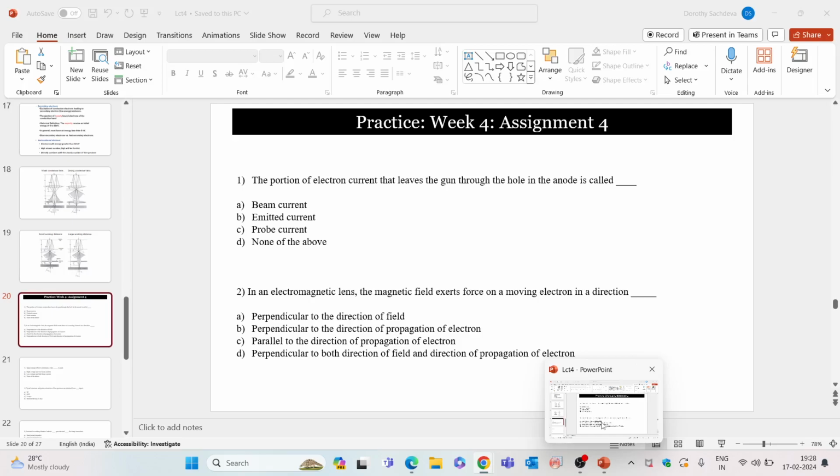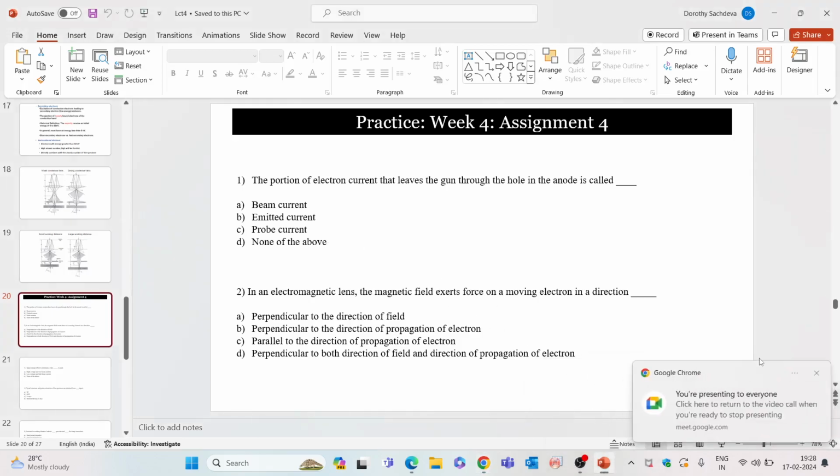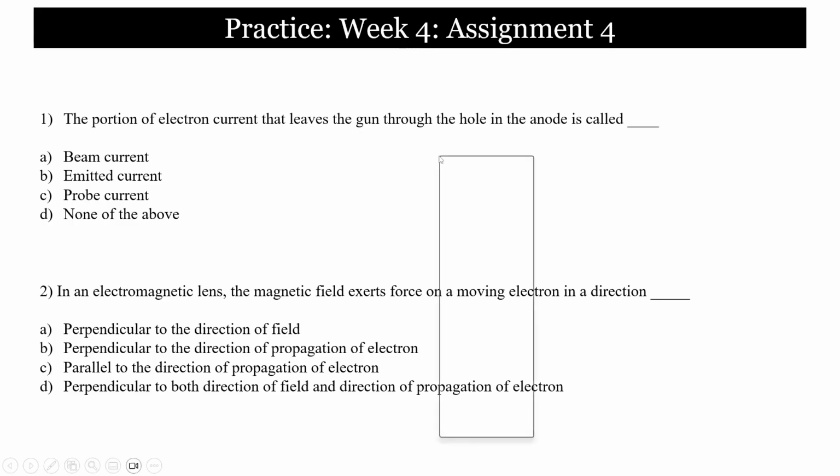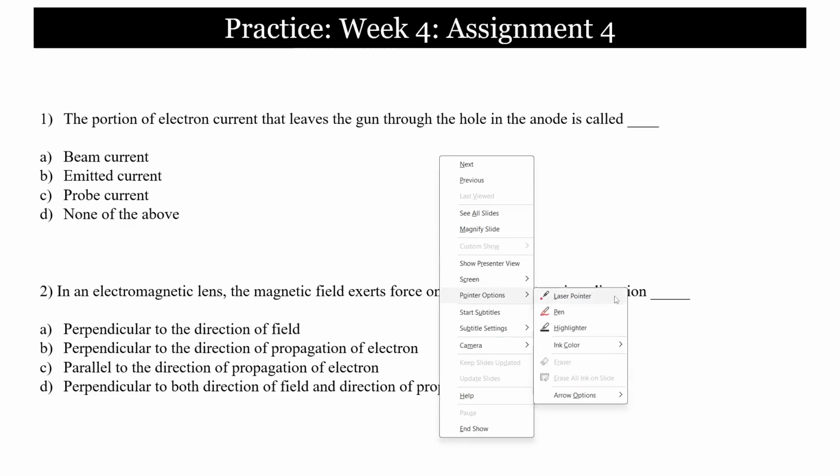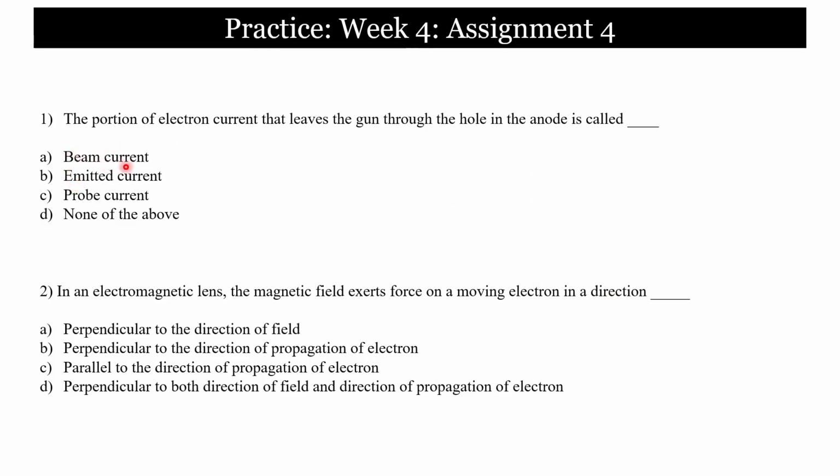Someone has mentioned something: probe current, Neha is saying. Does everybody agree with her? Probe current, I told you, is the current which is felt by the specimen. The current which is passed through the anode is known as the beam current.